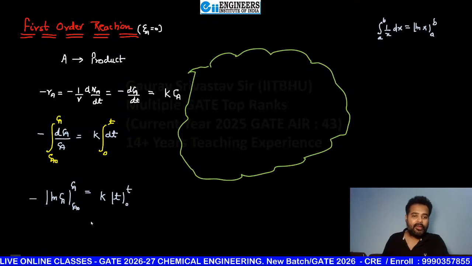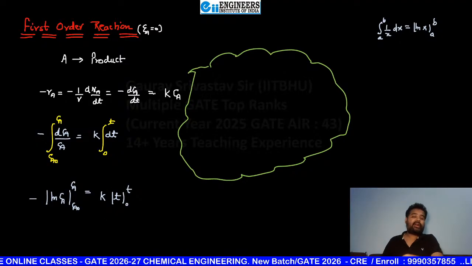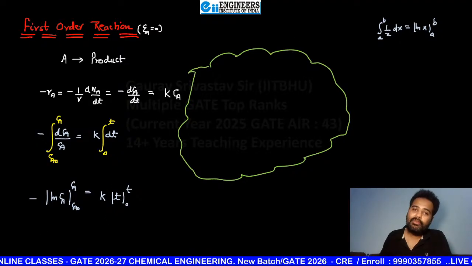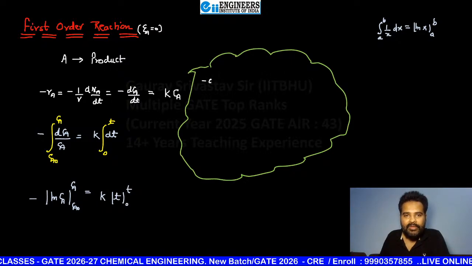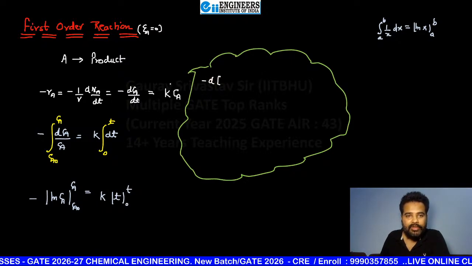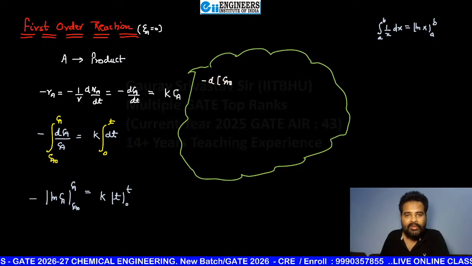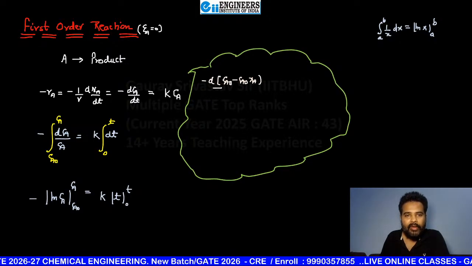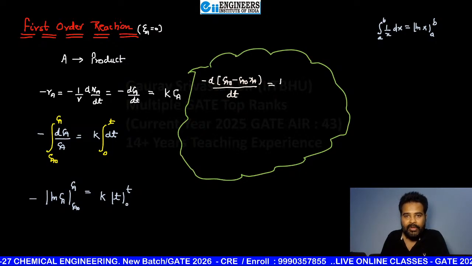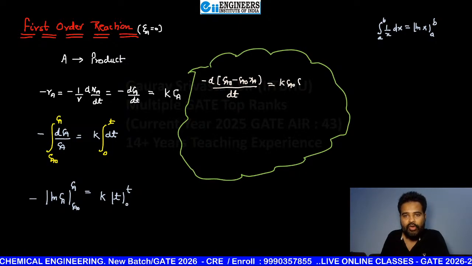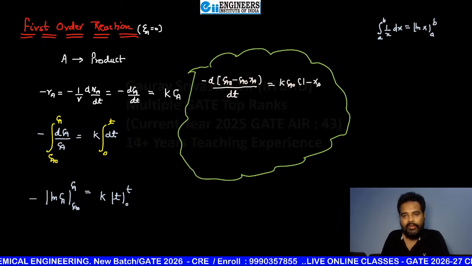Suppose initially I write, in place of Ca, Ca naught (1 minus Xa). What will happen? Minus d, and in place of Ca you write Ca naught (1 minus Xa), so Ca naught minus Ca naught Xa, and the whole upon dt, equals k Ca naught (1 minus Xa).